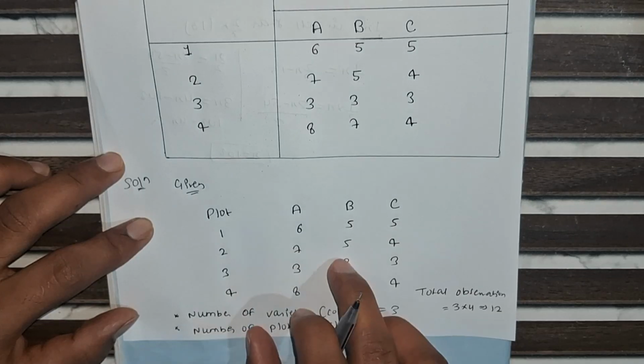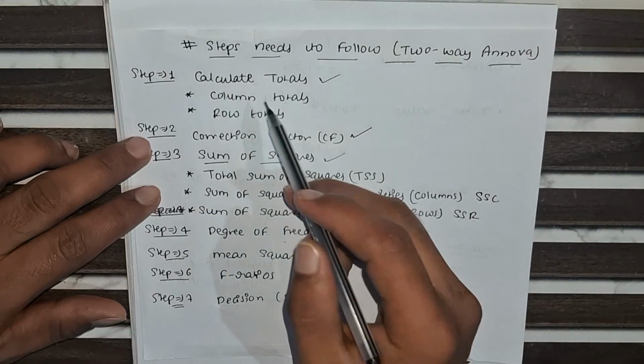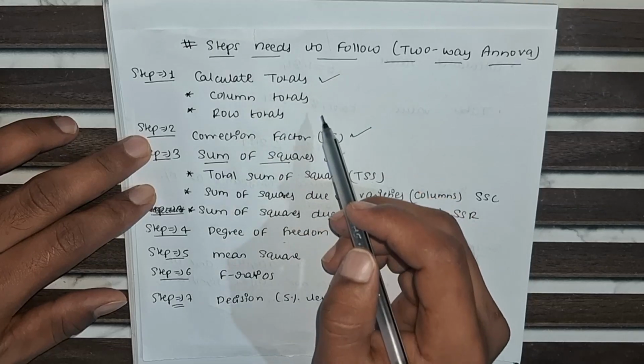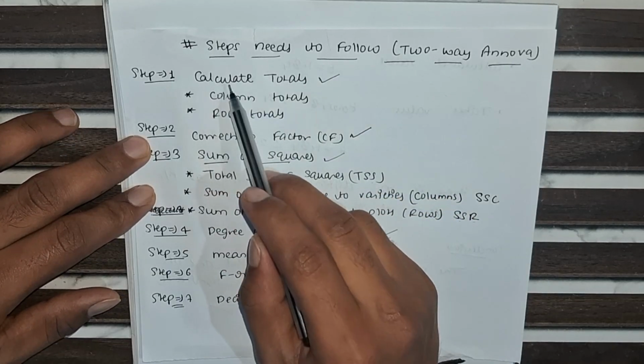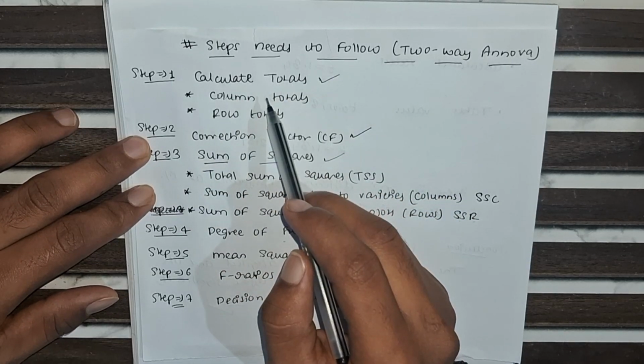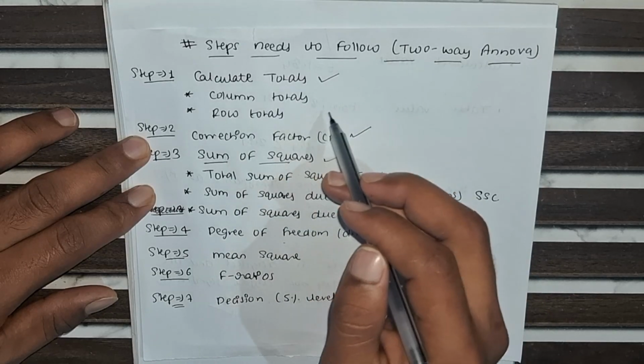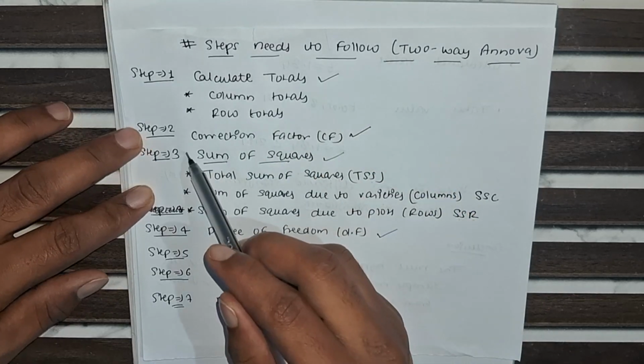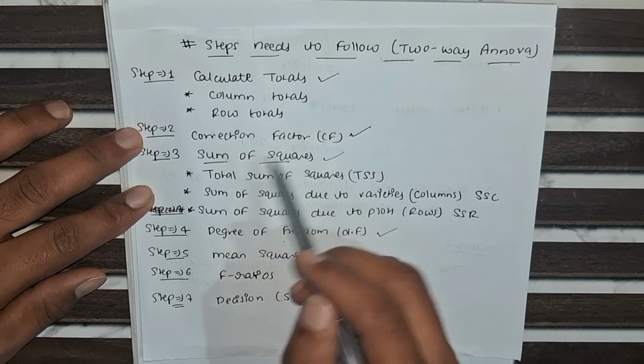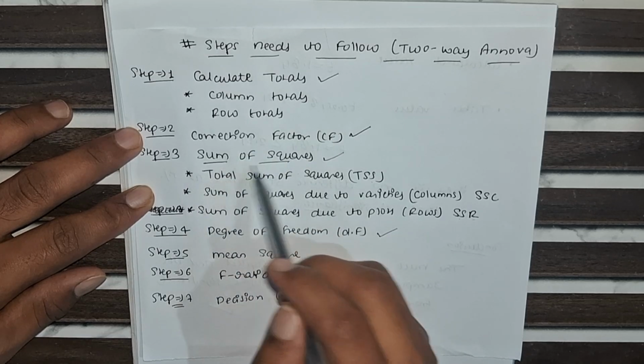Now we have to solve this question step by step. So here are the steps you need to follow to solve this problem. Step 1 is calculate totals. While calculating totals, we have to calculate two totals. First one is column totals and second one is row totals. In step 2, we are finding the correction factor. In step 3, we are finding sum of squares.